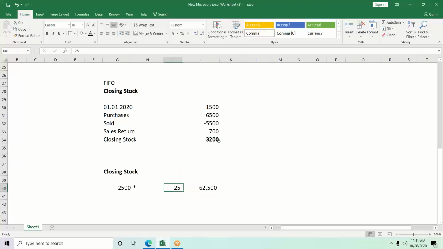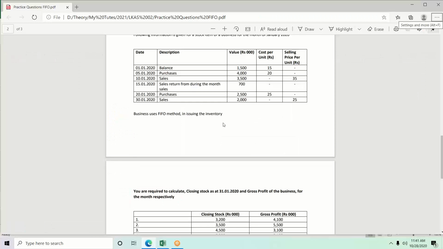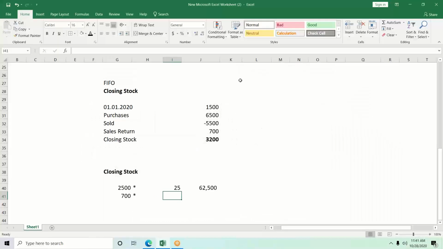The most recent 2,500 would definitely be available, and there will be another 700. That 700 will be available from the previous purchase, which is 4,000 units at 20 each. You purchased that before, and that 700 would consist of this purchase.